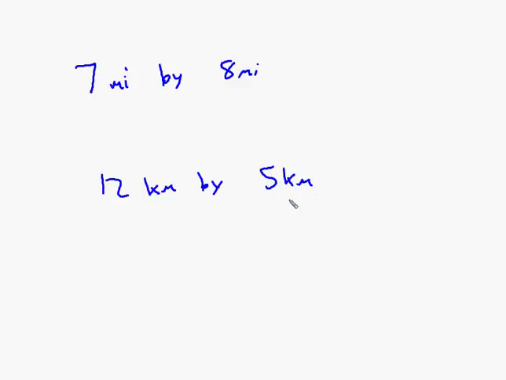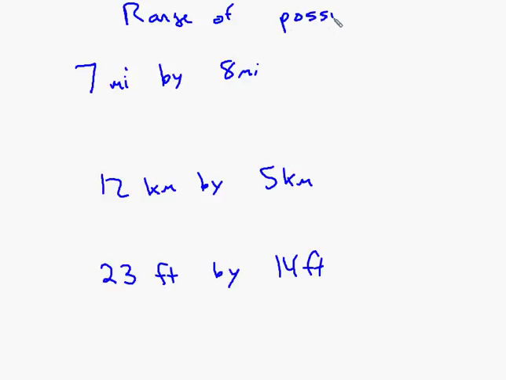All right, so let's say I have some areas. Maybe I have a 7 mile by 8 mile. And I have a 12 kilometer by 5 kilometer field or something like that. Maybe I have a 23 foot by 14 foot room. And I want to know, what is the range of possible areas, based upon my last measurement being doubtful?